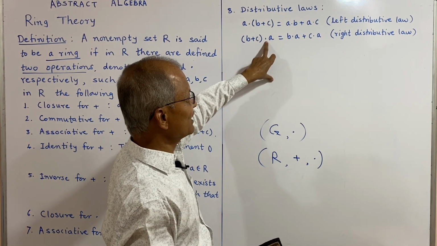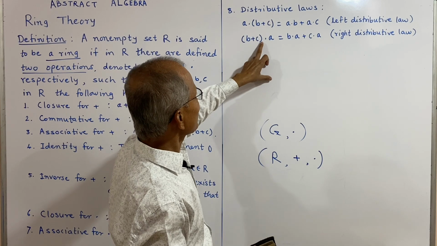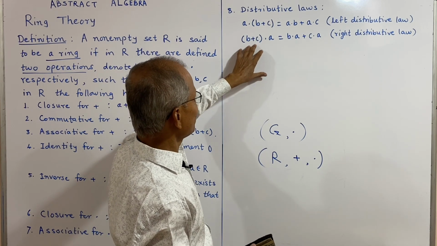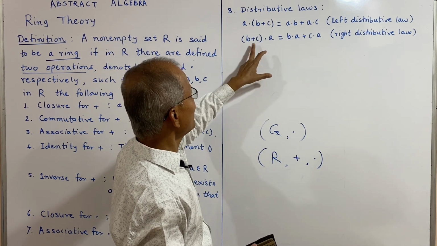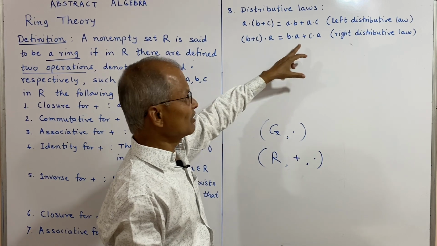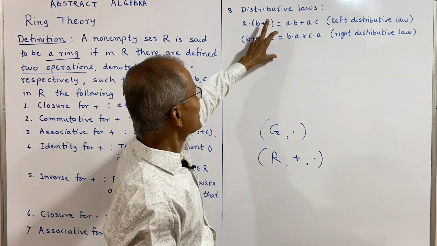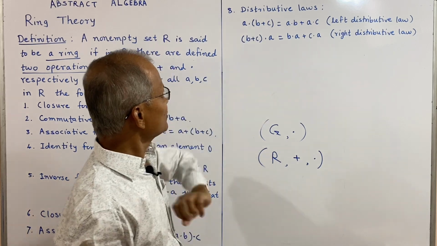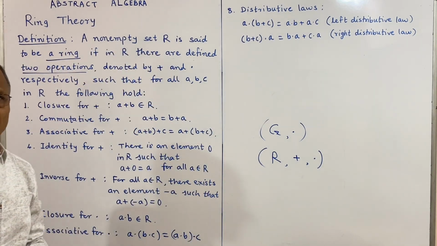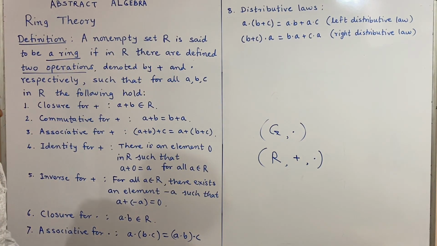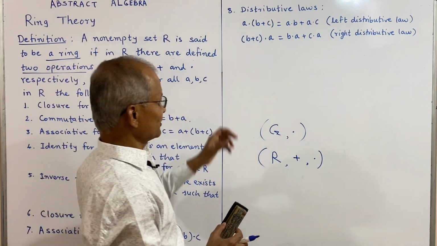Then, in bracket B plus C, dot A is equal to B dot A plus C dot A, which is known as the right distributive law. We know the usual multiplication is distributive over addition. So these are the distributive laws.